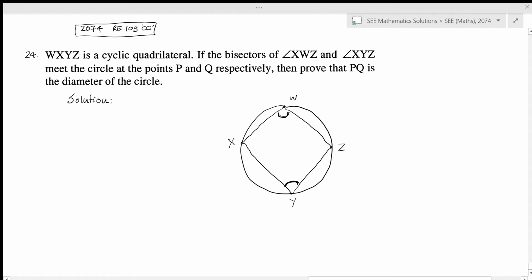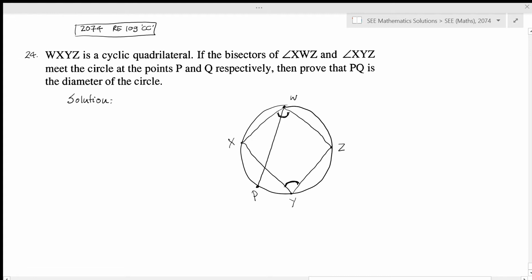So if these two angles are bisected respectively, XWZ is bisected and the line meets the circle at P, and XYZ at Q. So let's assume this point is P, that means this line PW is bisecting this angle, right?